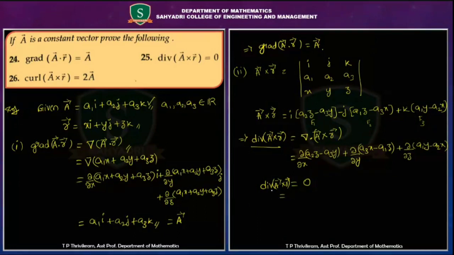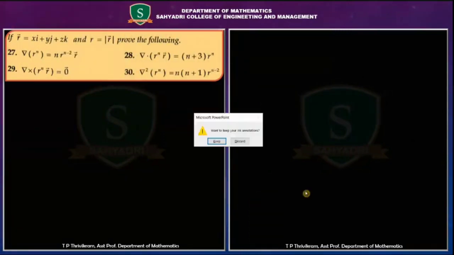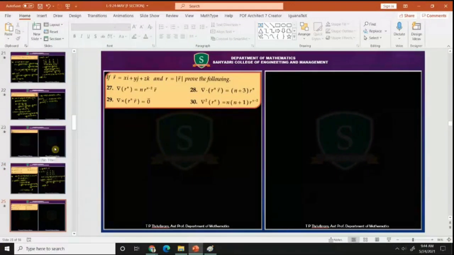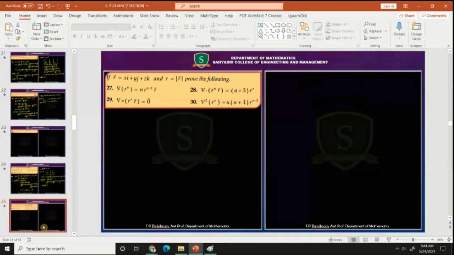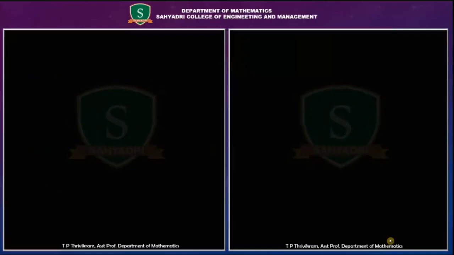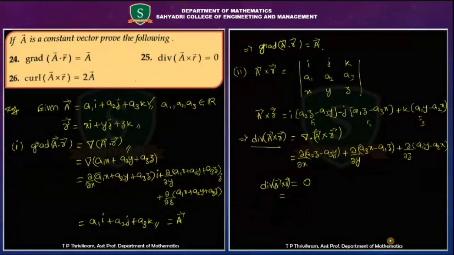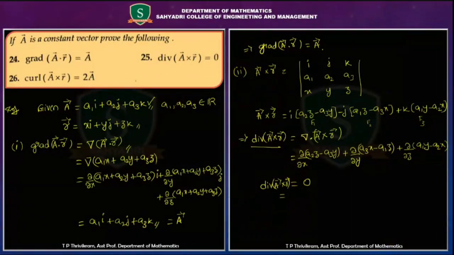Similarly, we need to find the curl. So the curl of a cross r you have to find. Here only you can find.